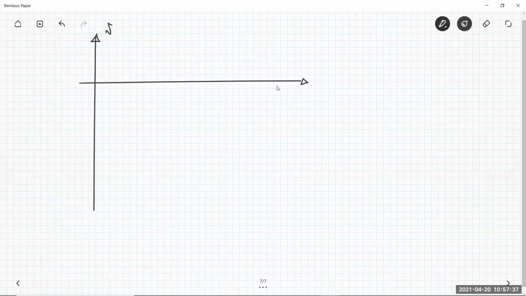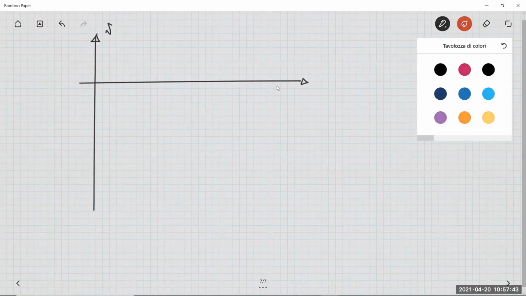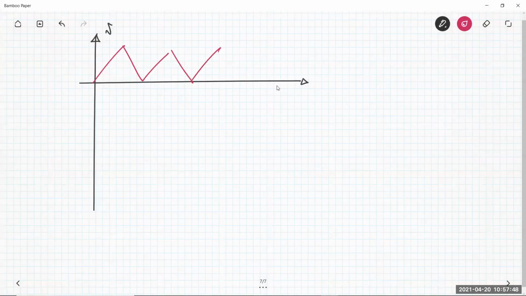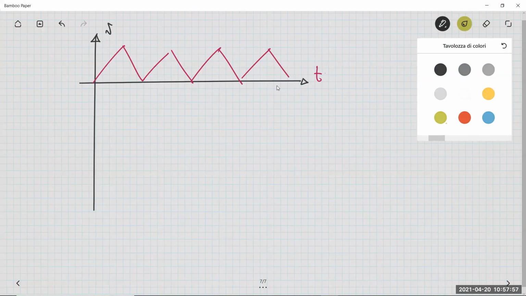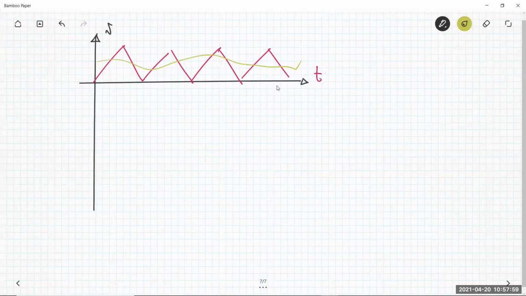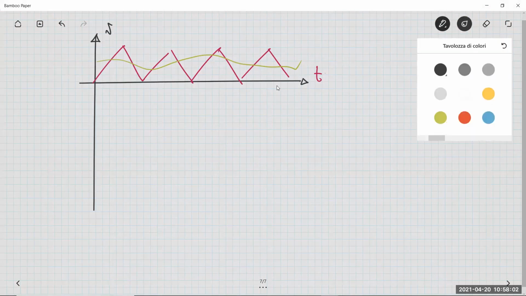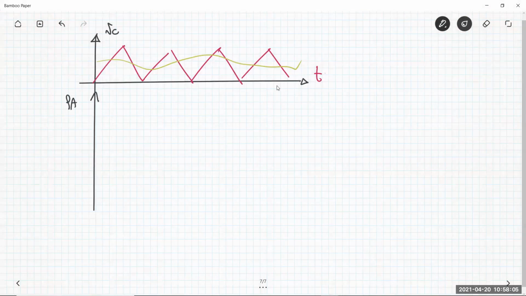Let me put this concept a little bit graphically. So I have the triangular waveform, the carrier signal, and then you have the control signal, the modulating signal. Then you have again the unitary switching function, which comes out of the comparison.